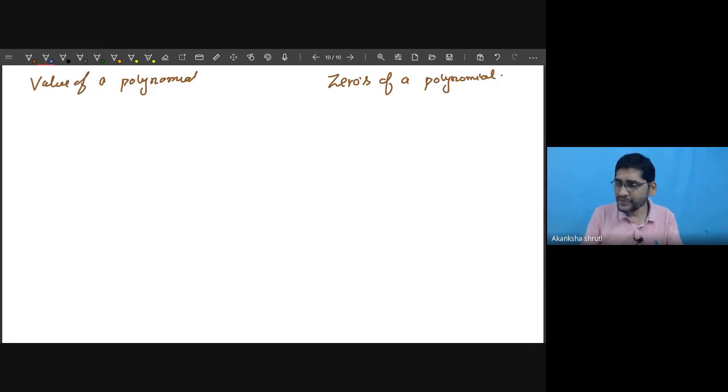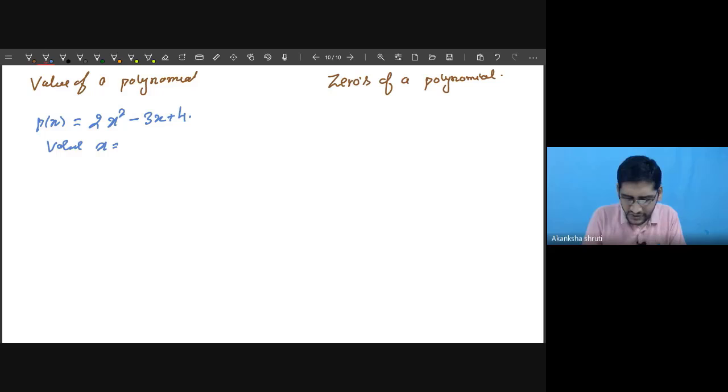Student, value of a polynomial: if any polynomial p(x) is given by, say, 2x square minus 3x plus 4, then its value for some given value of x, let us take x equals 1, then substituting this 1 in place of x, this is called the value.